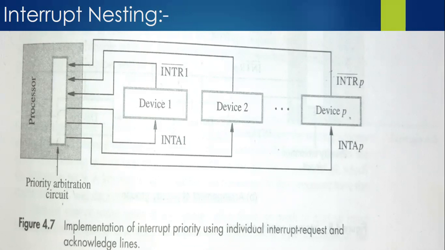Now, interrupt nesting means what? The name itself indicates an interrupt inside one more interrupt. Very simple: if your processor is busy providing service for one particular interrupt request, and in between that service another device raises an interrupt request, and the processor pauses the execution of the first and starts serving the newly arrived second request, then we call it interrupt nesting.